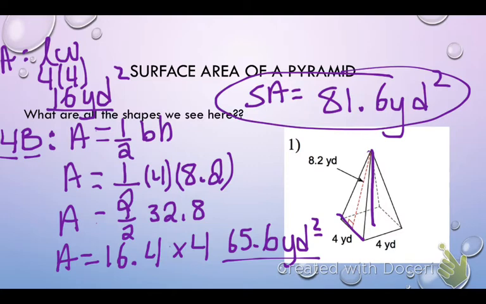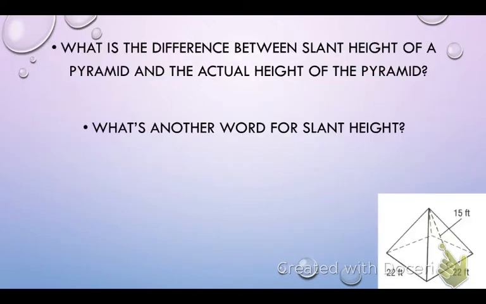All right, in my opinion, pyramids are a lot easier than triangular prisms, because generally we just have 2 shapes that we're working with. I kind of talked about this before, but we have to note that there is a difference between the slant height of a pyramid and the actual height of the pyramid.